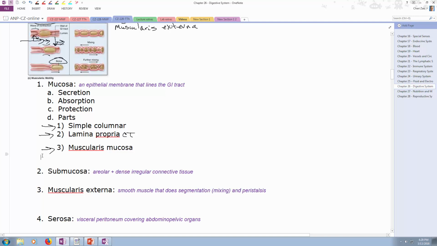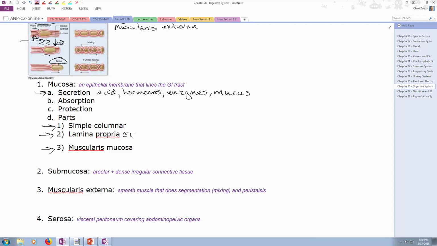Based upon what the function is in the area, our mucosa can have a secretory function. The secretion could be acid, which means we're in the stomach, correct? It could be hormones, which we'll talk about when we get into that area. It can be enzymes, and it could be mucus, based upon where we are.